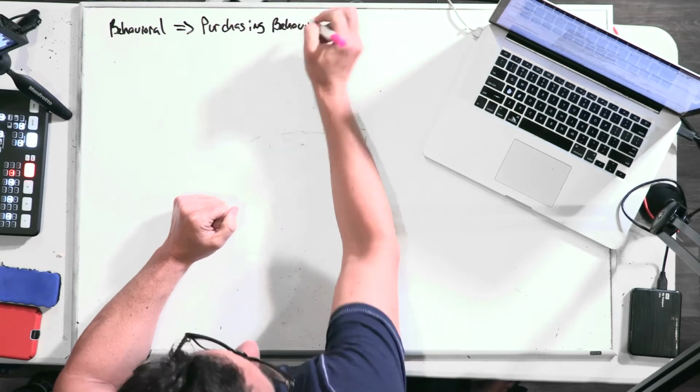behavior. Okay, so the whole idea here is around analyzing the customer's behaviors when they're going through the buying process. Trying to break out the different types of people that are going to act in certain ways when they are trying to make a purchase.